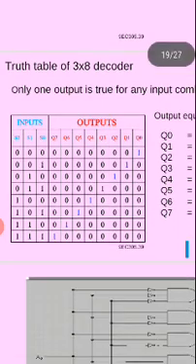Now, the truth table of the 3 to 8 decoder.